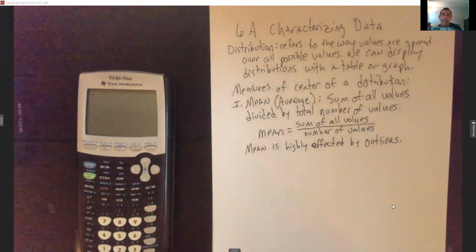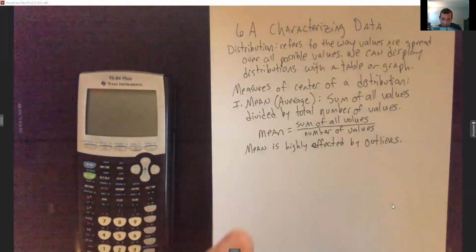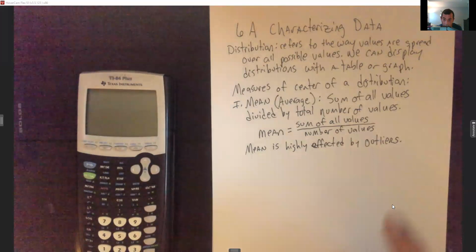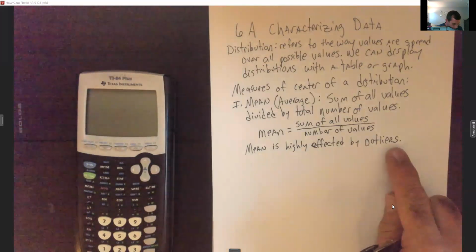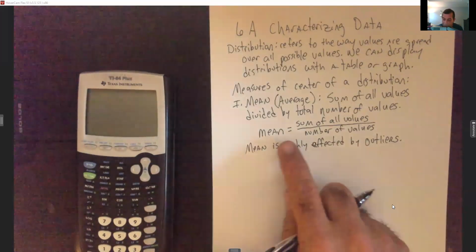So like say I had 4 tests, 3 of them were 85, but then on one of my tests I got a 25. That 25 would be an outlier because it's not what I'm normally making, okay? And we'll talk more about these outliers later. So that's one measure, the mean.